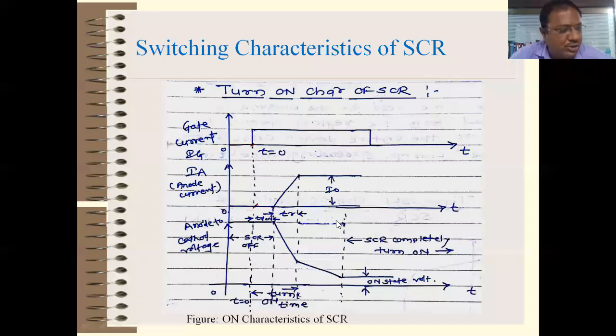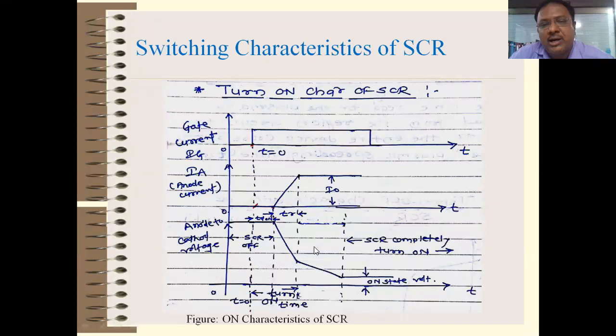See the cursor position in the graph. This is called the TPS. So this is the complete turn on time. After this plasma spreading time, the voltage across the device is equal to the on state voltage drop, which is normally 1 volt, and the anode current is a constant current.